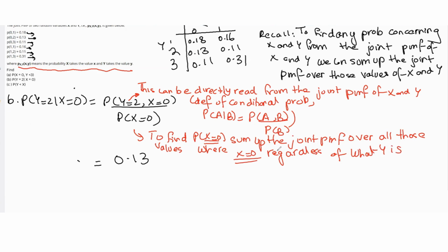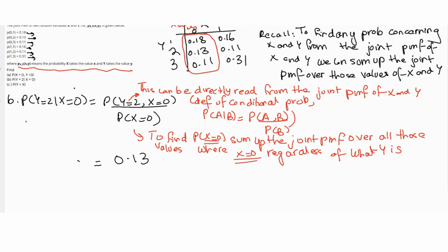So this is where x is 0. Sum of the joint PMF for all those values where x is 0, regardless of what y is. So this is basically this, right?